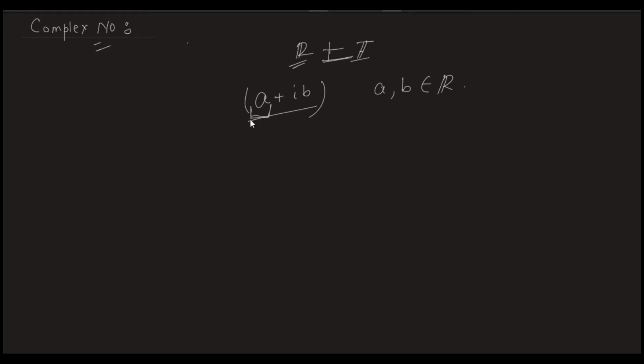Here a is called the real part, and ib, this whole part, is called the imaginary part. And i, we already saw, equal to root over of minus 1, called iota. Remember, this is the backbone of the complex number system.